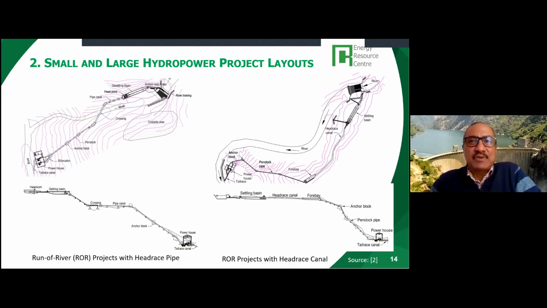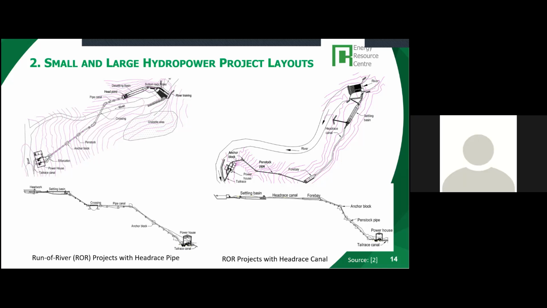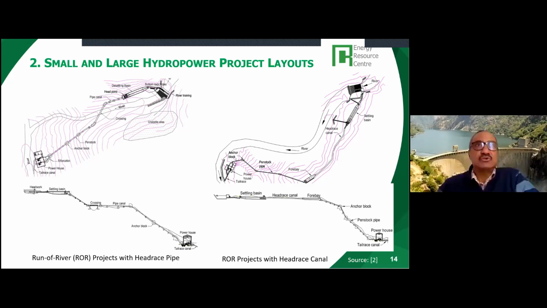Basically, mini hydro and micro hydro projects are run-of-the-river projects, and they either use a headrace canal or a headrace pipe. These same layout components are also applicable to small hydro projects.